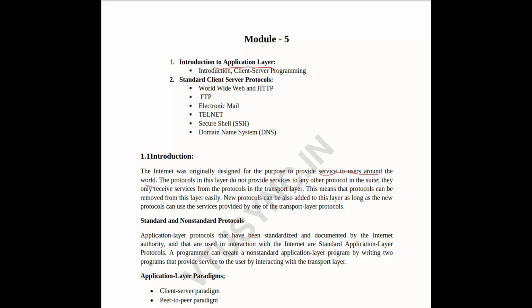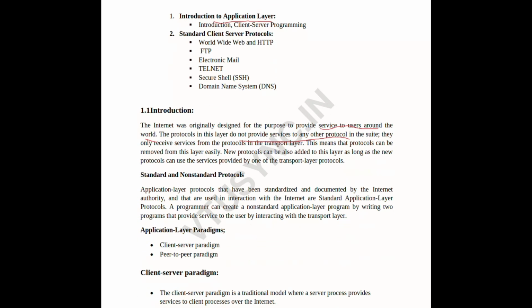This layer does not provide services to any other protocol, but only to the protocols in the transport layer. This makes it very easy to remove in later stages as well. There are two types of protocols: standard protocols and non-standard protocols.